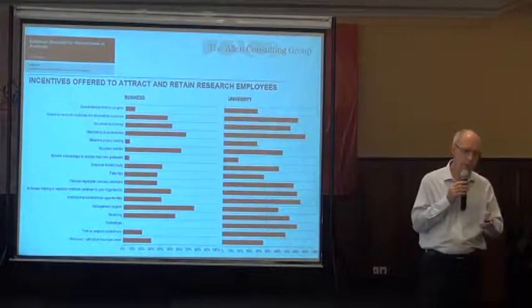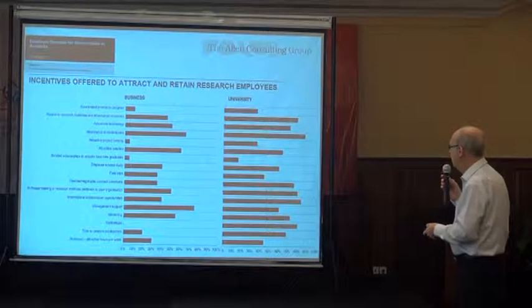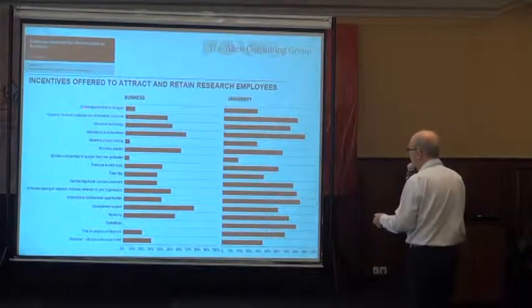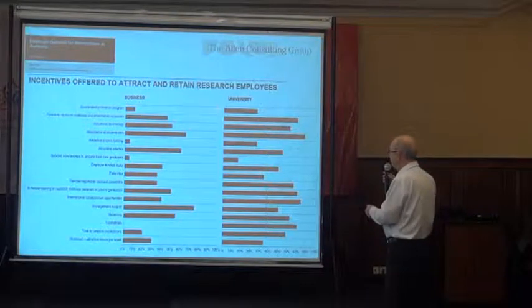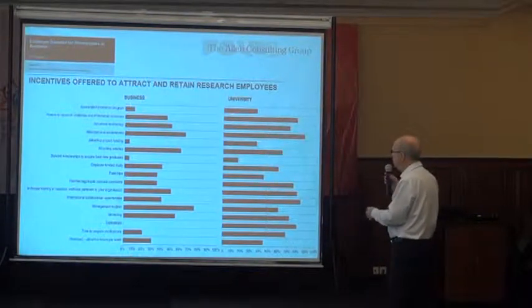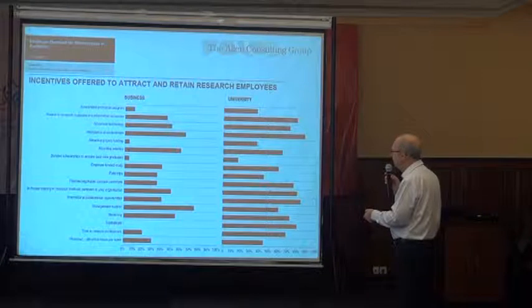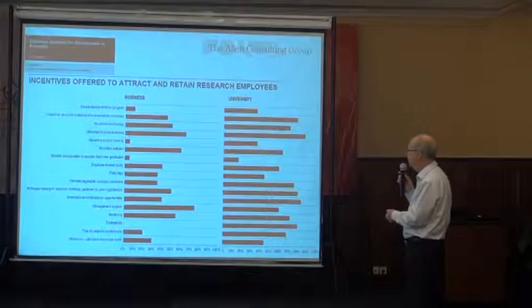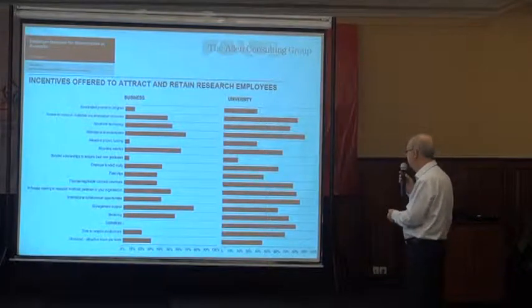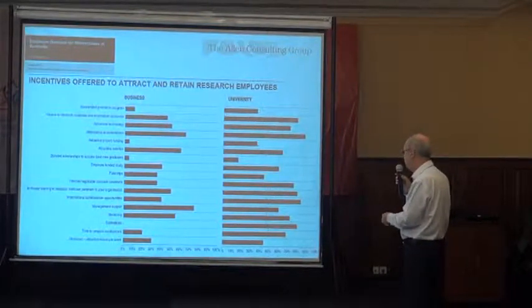There's no point in dwelling on this particular slide, but let me just run through. Accelerated promotion program, not really that important in business, but a little bit more important in university. Access to research materials and information resources, that's pretty common in business, but we really need more of that in the university sector here, you know, good libraries and facilities, etc. Let me pick another one which is a little bit different.